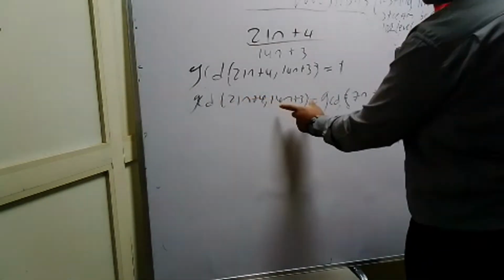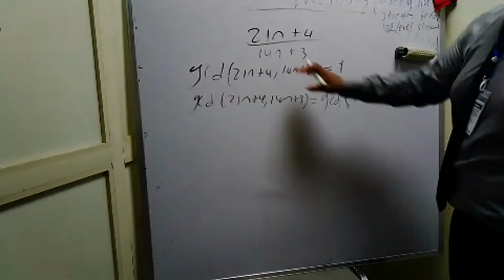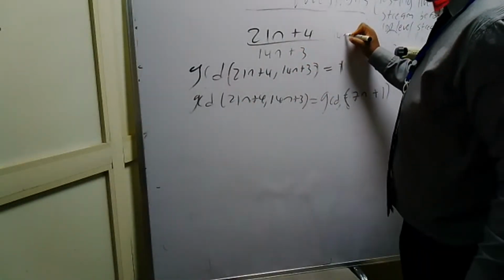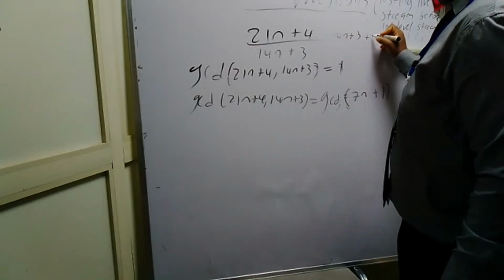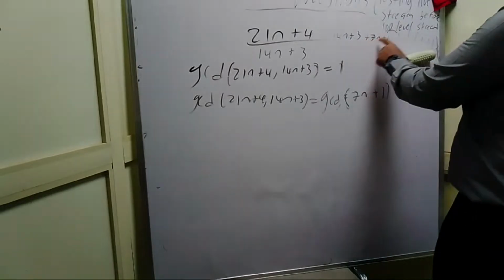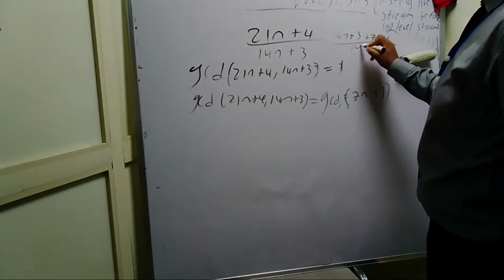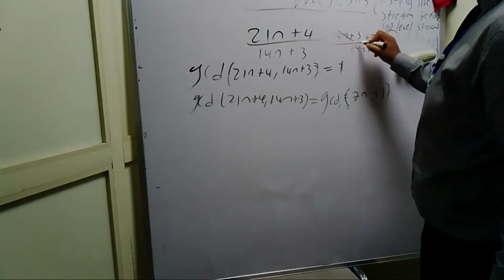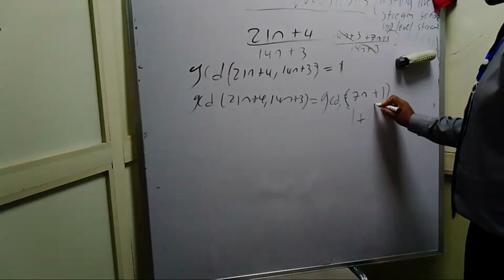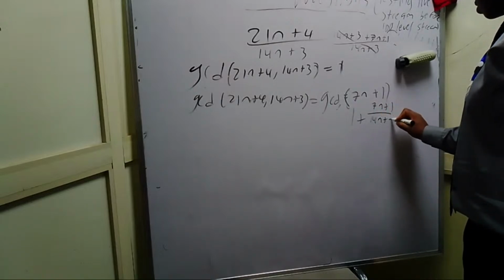That is, I subtracted 14n plus 3 from 21n plus 4. In the sense that you can write 21n plus 4 as 14n plus 3 plus 7n plus 1. So 21n plus 4 divided by 14n plus 3 is the same as 1 plus 7n plus 1 divided by 14n plus 3.